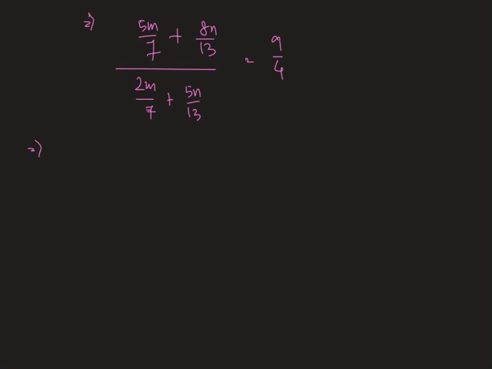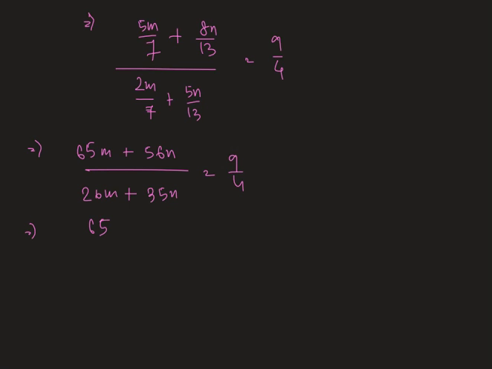Now if we simplify the numerator and denominator, we get (65m plus 56n) whole divided by (26m plus 35n) is equals to 9/4.